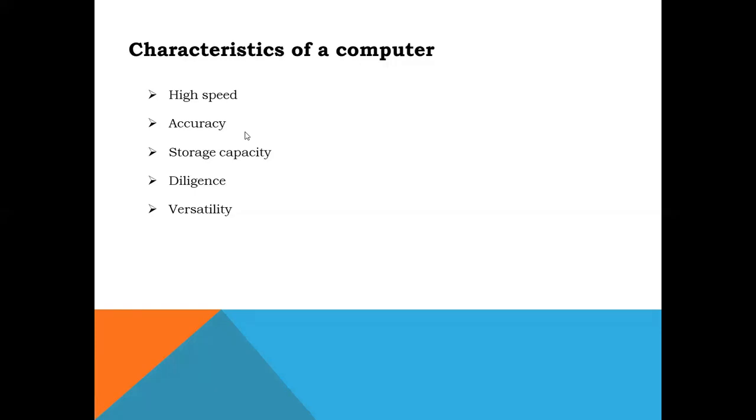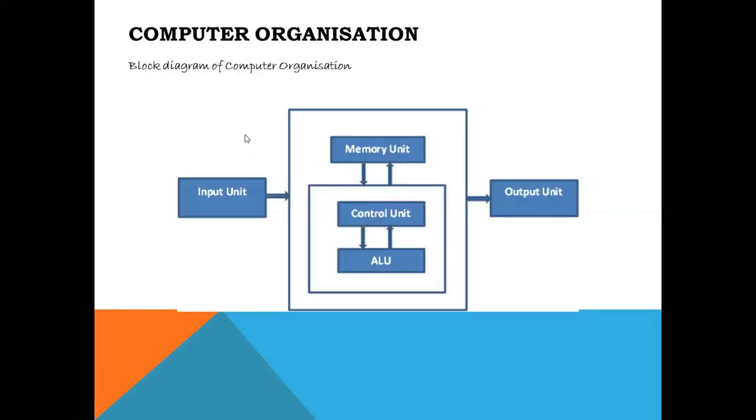Then, organization of computer. You can see the block diagram of the computer organization. Firstly, input unit, then the CPU, memory, then output device. We can give the inputs through input devices.